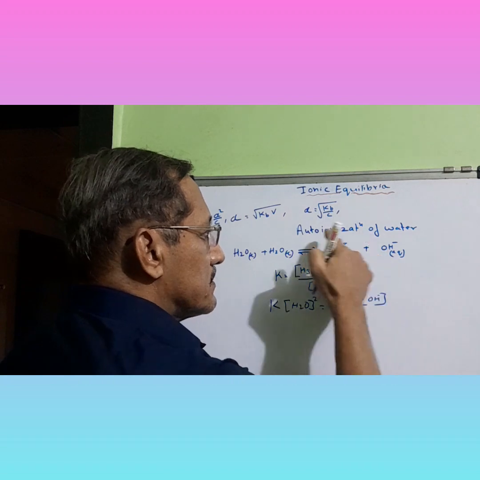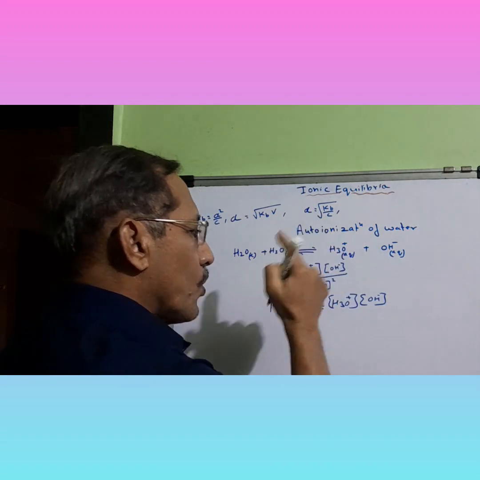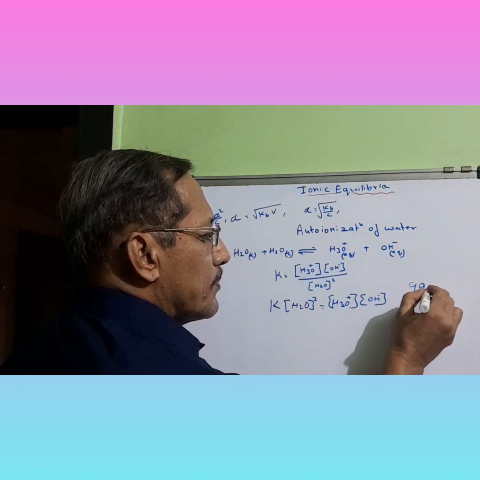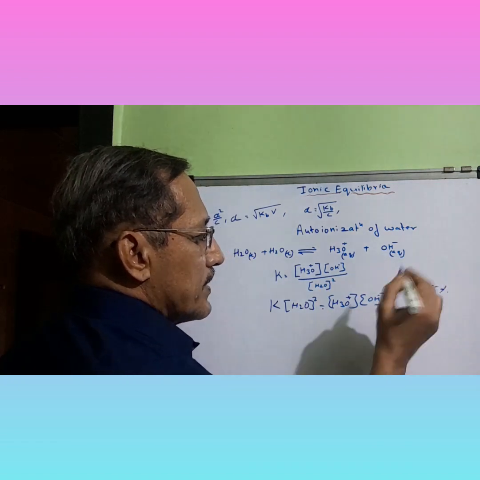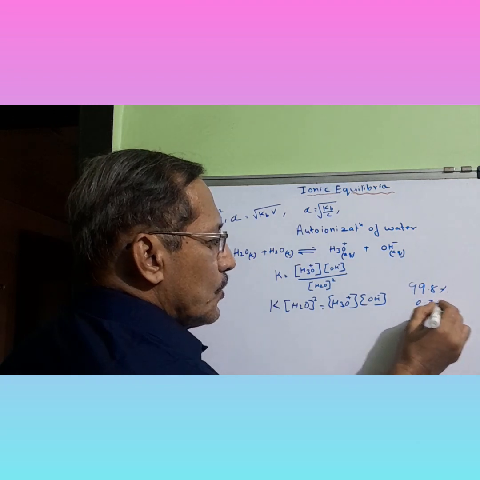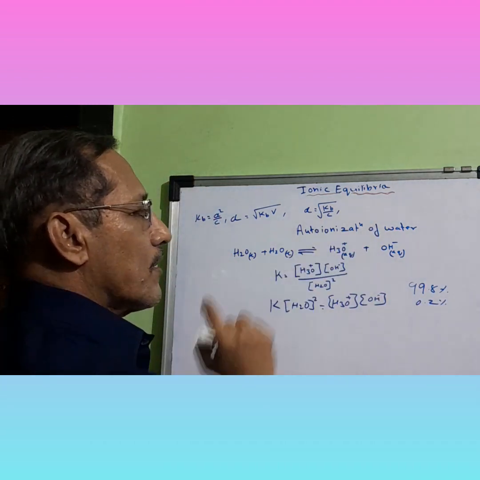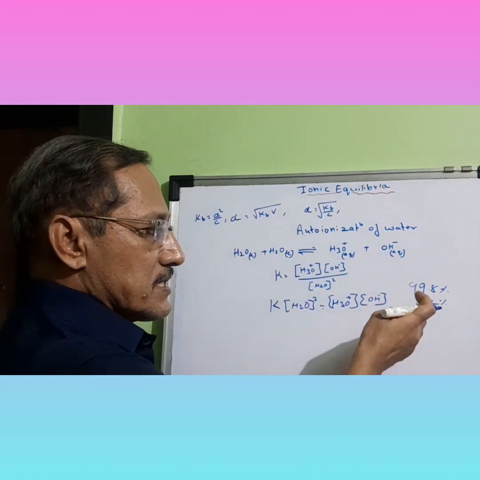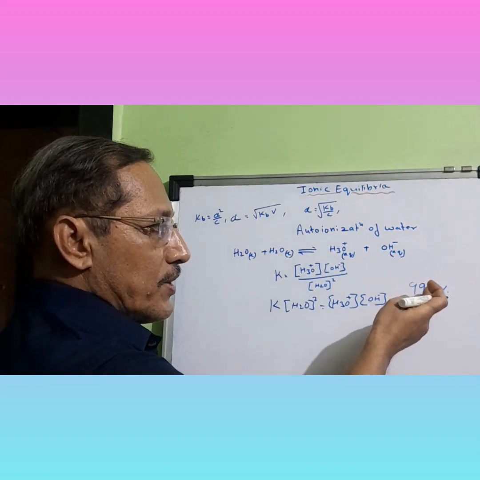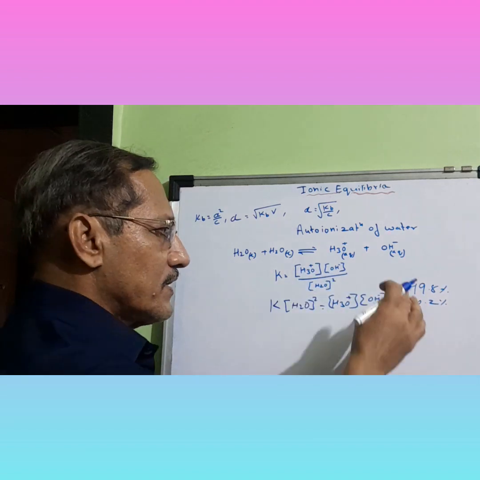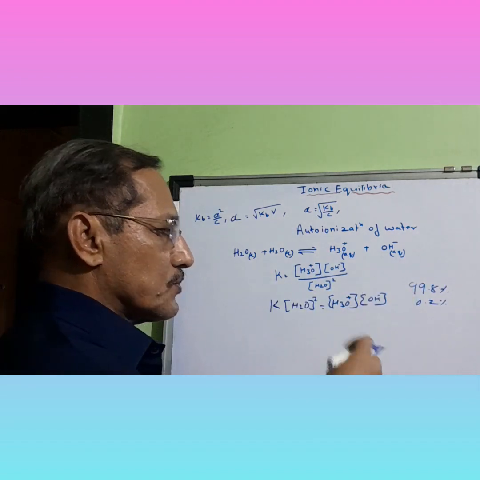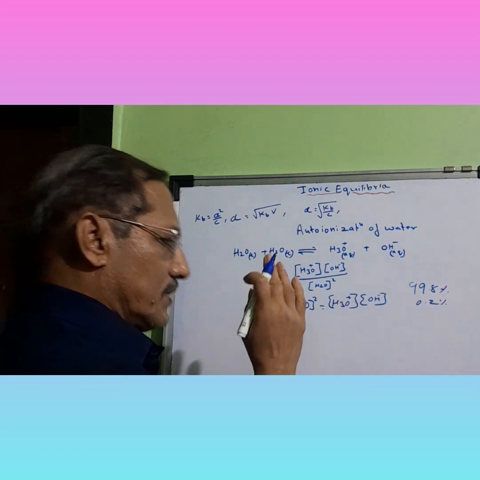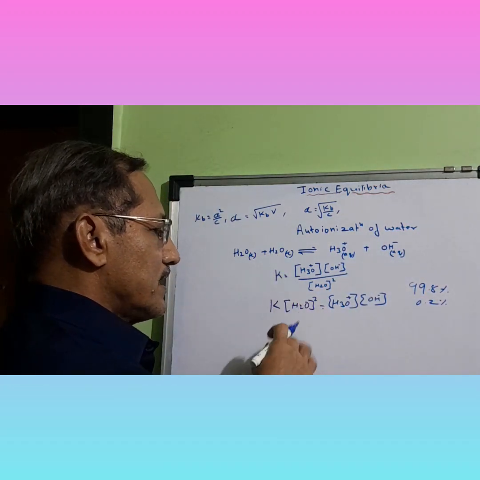Assume that unautoionized water is say 99.8%, and there is just 0.2% of autoionized water. So what difference does it make? 0.2 is nothing in front of 99.8%, so we assume that it is always 99.8% only.